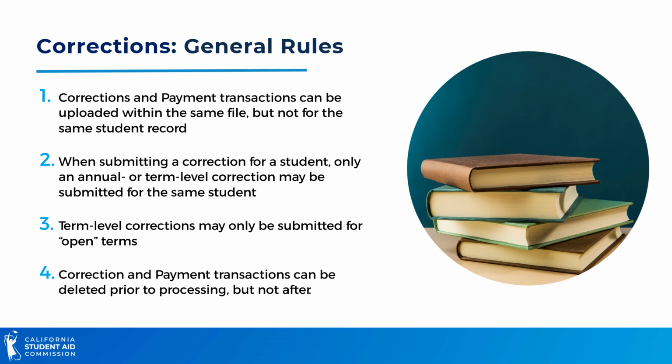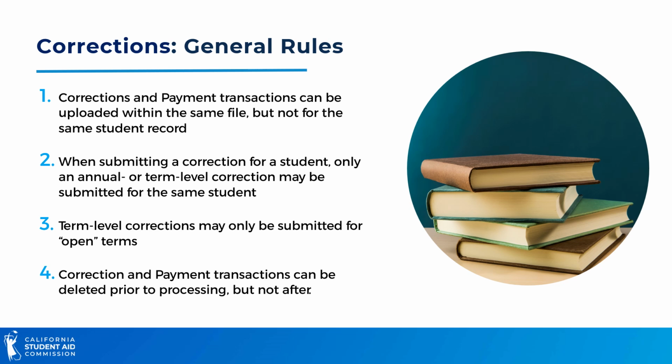When submitting a correction for a student, you may only submit an annual level correction or a term level correction within the same file. Annual and term level corrections cannot be submitted for the same student record in the same file, or else the transactions will be rejected. When possible, please follow the correction process hierarchy to determine which correction to submit first.